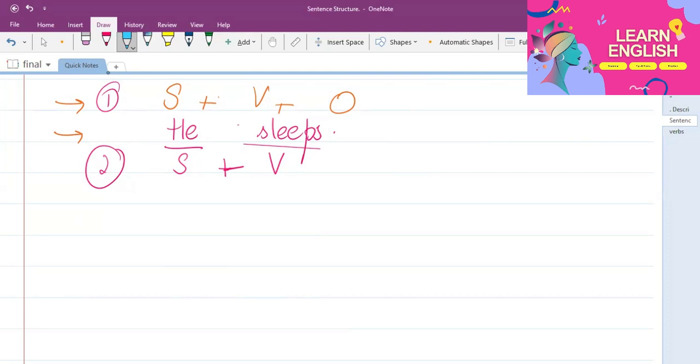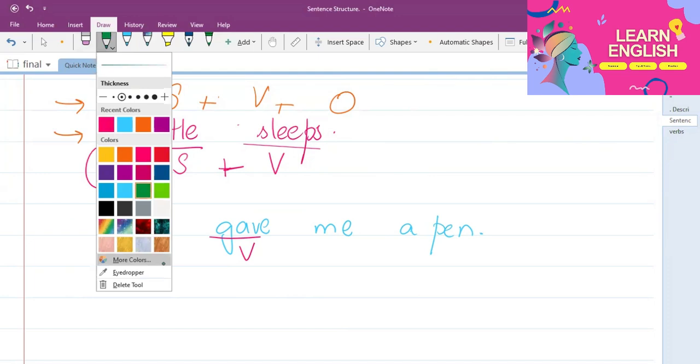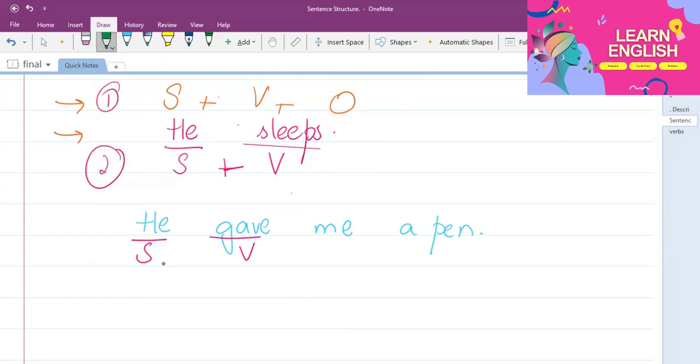And there is another one which is, let's take an example. He gave me a pen. So over here, where is the verb? The verb is here. Where is the subject? It's over here. And where is the object? Which one of these is the object? Both of them are the object. One is indirectly receiving the action and the other one is directly receiving the action. He gave what? A pen.